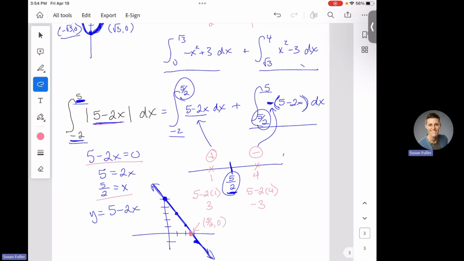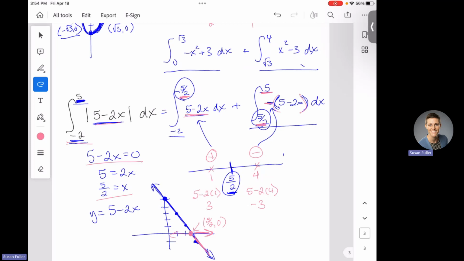And I know that anywhere on the left of that, my y values are already positive. So from the beginning of my interval, -2, to my splitting point, 5/2, I'm going to take the function as is. And anywhere to the right of 2.5, my y values are negative, which means I need to add on this negative to make those y values come back positive to make the absolute value happen. And that's going to be anywhere from 5/2 to 5 inside my interval.